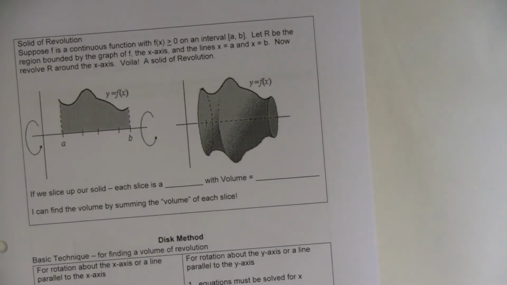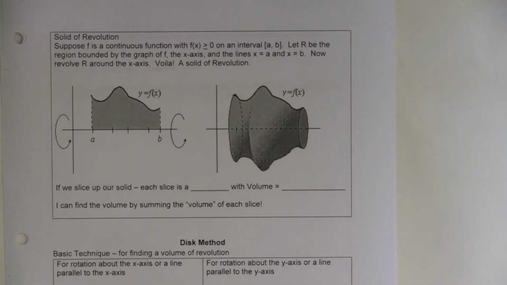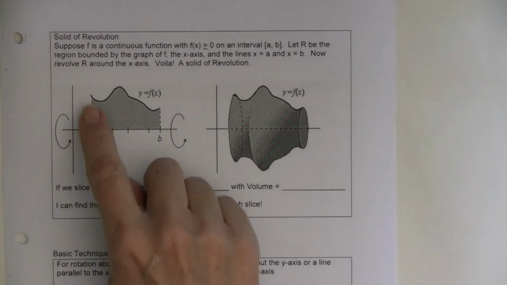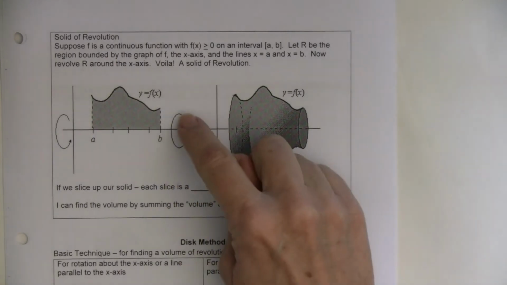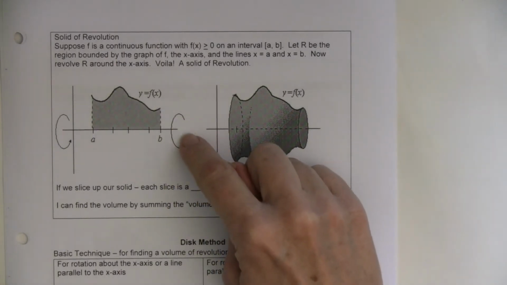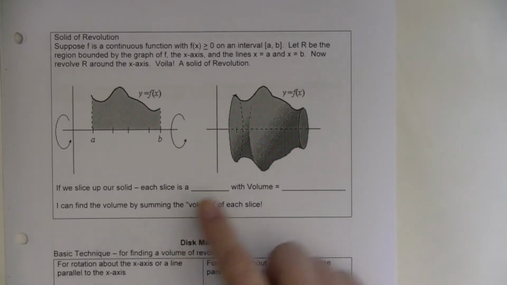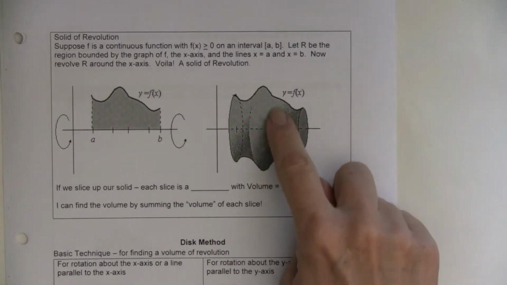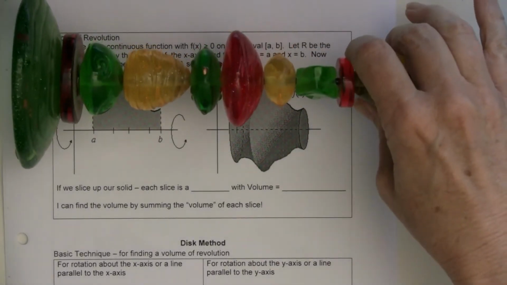the general idea here then on the solids of revolution is that we're going to take some function and revolve it around an axis. It doesn't necessarily have to be the x-axis, but it can be. When we do that, we get something like what I had here, right?